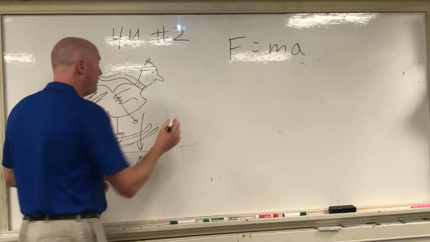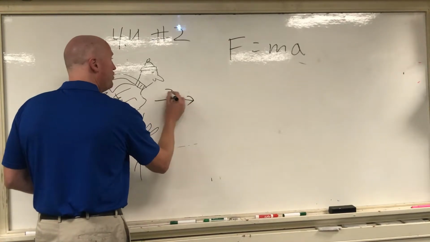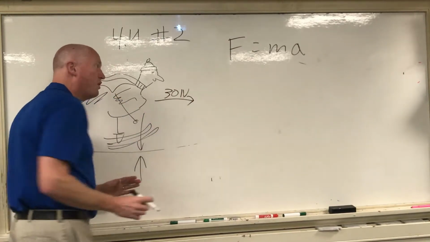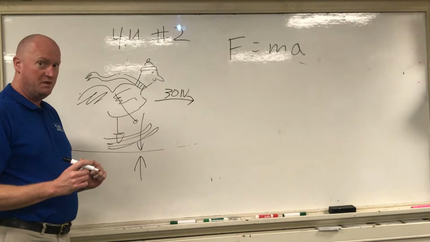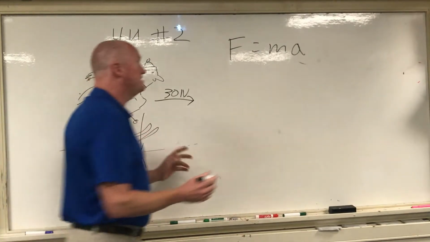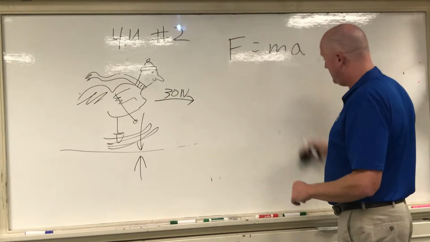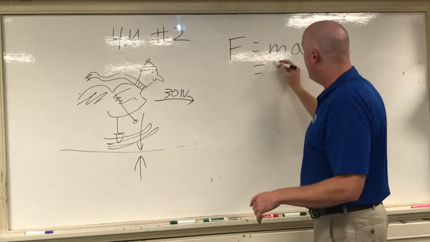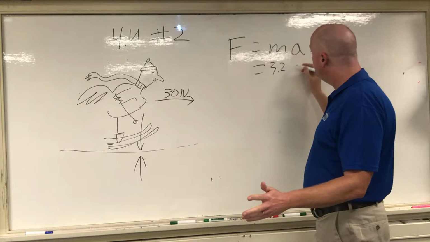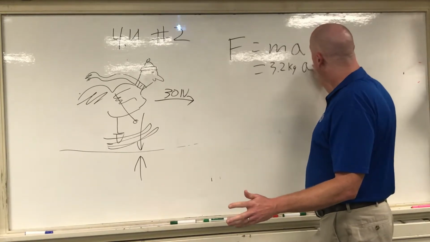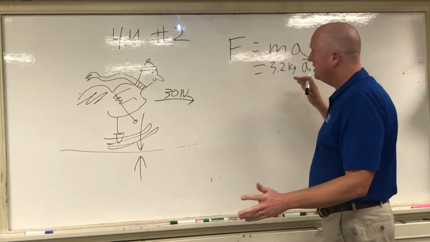You're giving them some help. You're providing 30 newtons of force to make that chicken go. Now, what we're trying to find out is the acceleration. What is the acceleration? Using F equals ma. So, the mass of the chicken remains 3.2 kilograms. We are trying to find a.